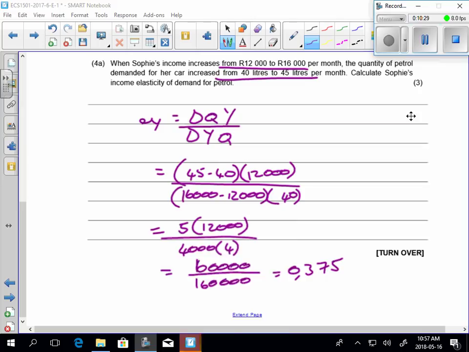And you should get an answer of 0.375. Right, so obviously a positive answer because it's income elasticity and it is a normal good, right?